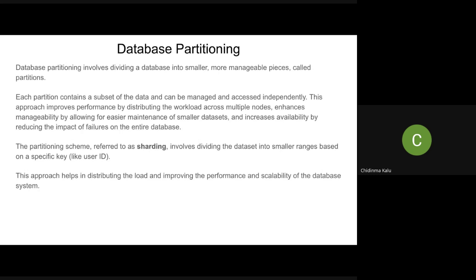There is a particular partitioning scheme known as sharding, which involves dividing the data set into smaller ranges based on a specific key, like user ID, timestamps, etc. Each partition or range of data is managed by a set of database replicas, referred to in the book as replica sets. And this replica set typically includes multiple copies of the data to ensure high availability and fault tolerance.